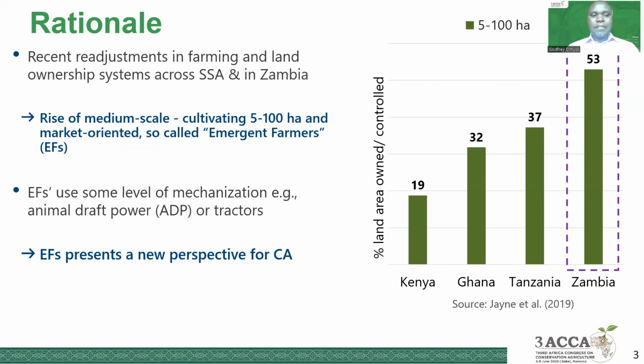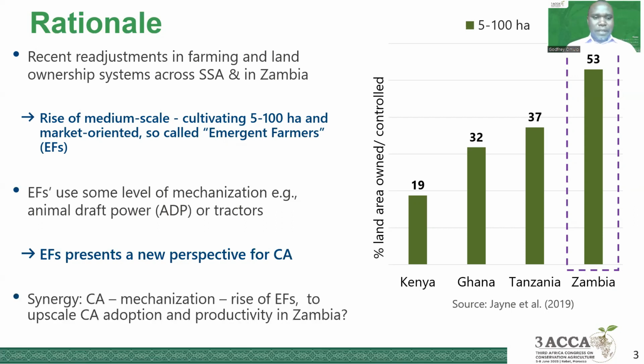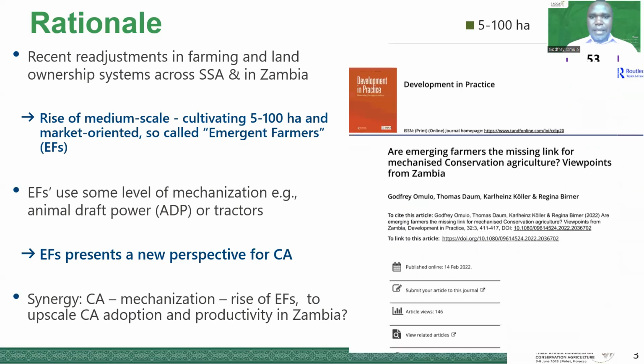Now, these emergent farmers, or the medium-scale farmers that are emerging across various countries in sub-Saharan Africa, present a new perspective for conservation agriculture. So as to whether conservation agriculture, mechanization, and the rise of these emergent farmers can be synergized to upscale CA adoption and overall productivity in Zambia still remains unanswered.